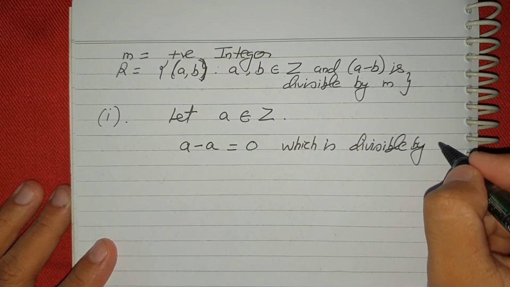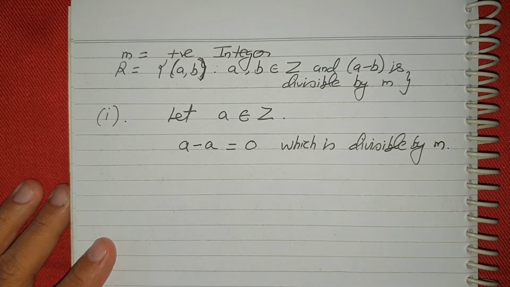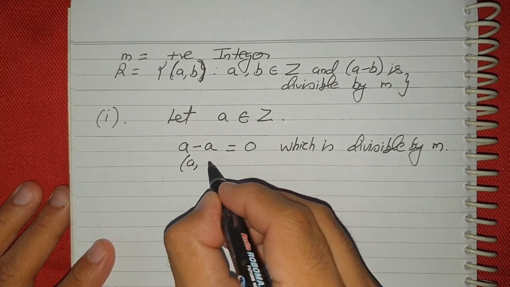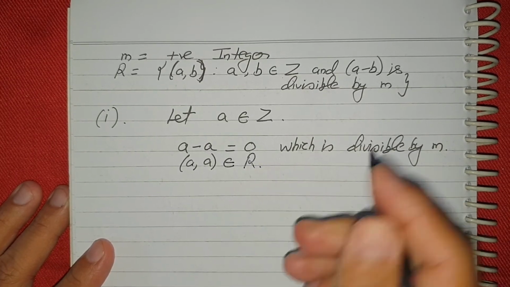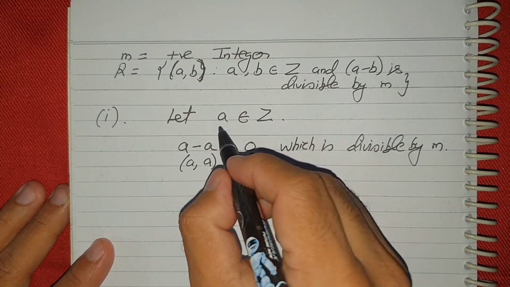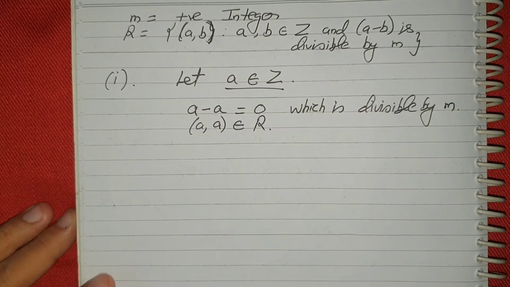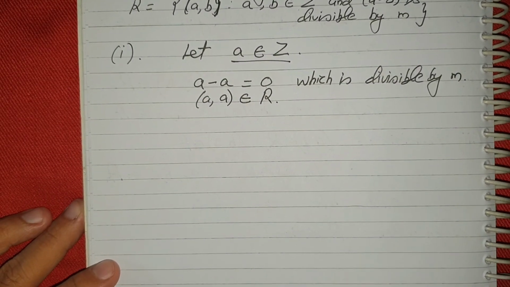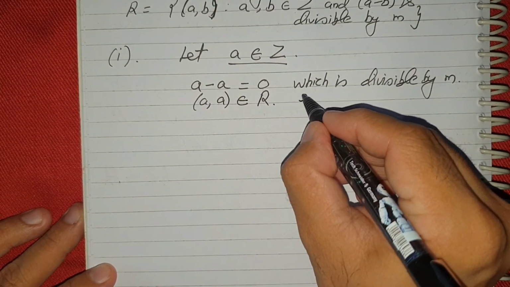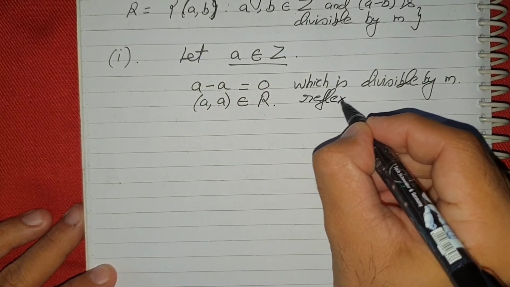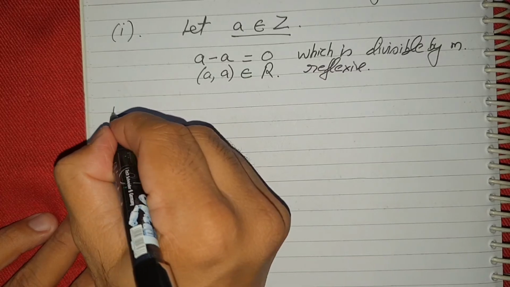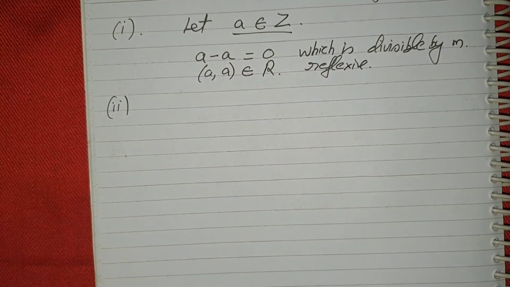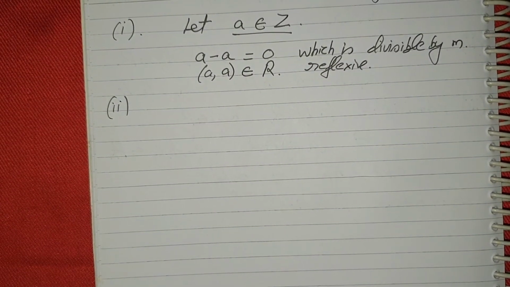So (A, A) belongs to the relation for all A belongs to Z. Hence, this is reflexive. So this relation is reflexive.